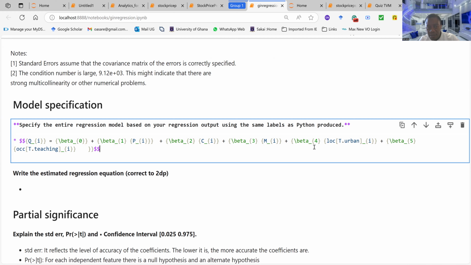So you have beta 3 M. Then you have that of log urban. And then you have beta 4, 5 of teaching. Everything looks okay to me.